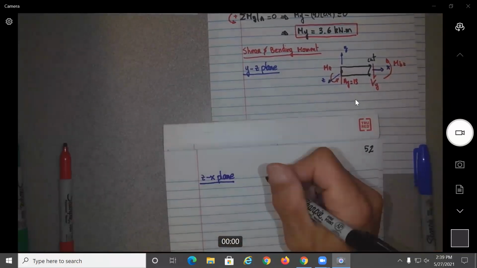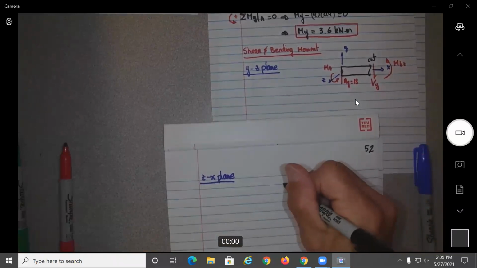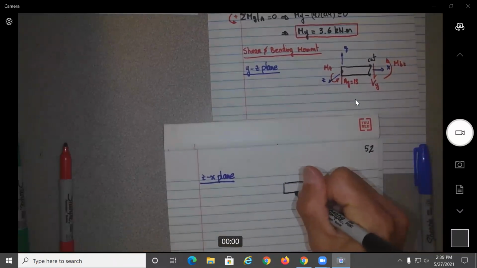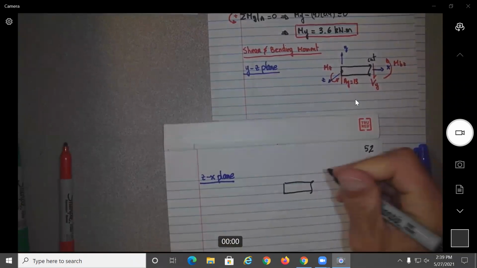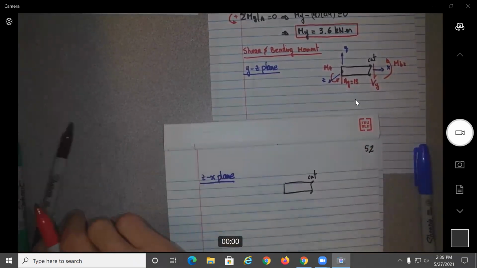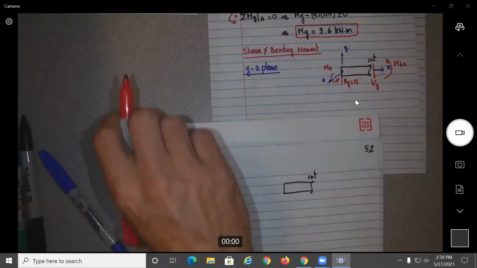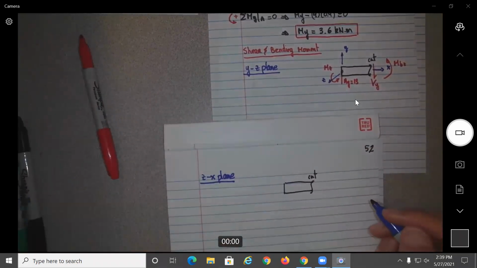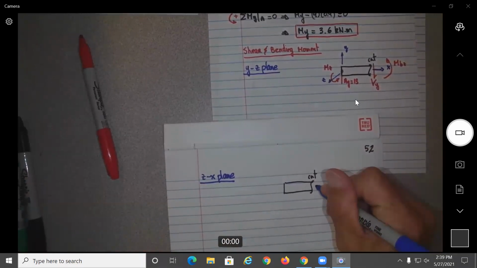This time the figure will follow exactly, try to follow the same steps as before. I do this figure over here. So this would be the cut. So we need to be careful here with this.